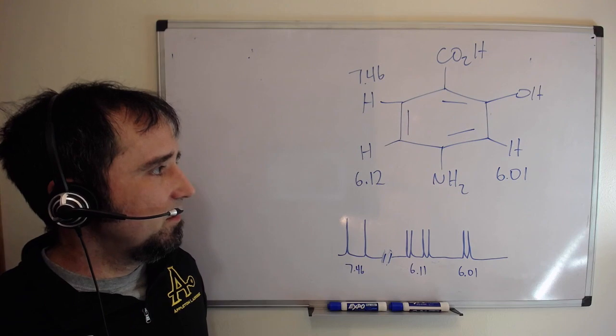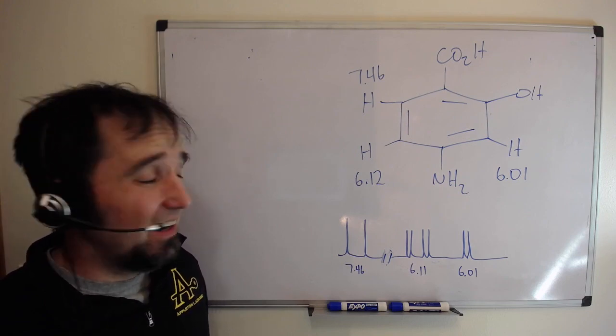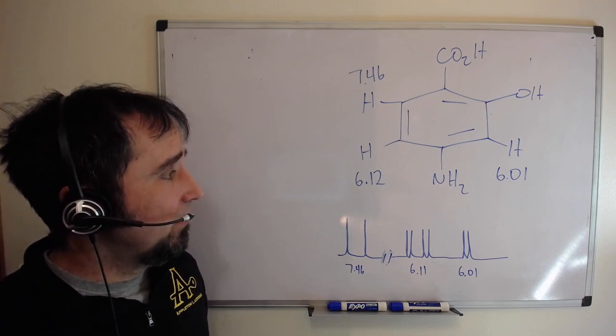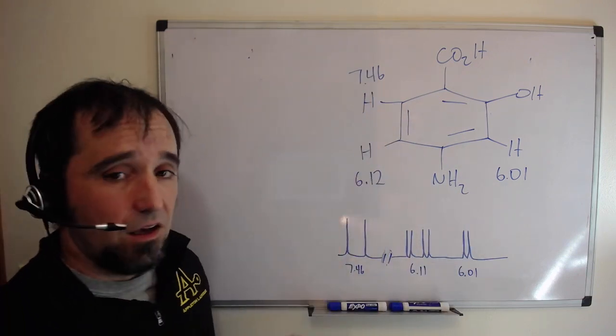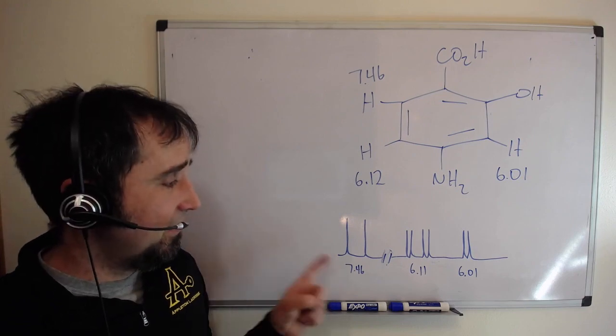Okay, this is 4-aminosalicylic acid, a derivative of aspirin, I guess. So here I've got the chemical shifts for these three ring protons down here. When I take the NMR of this molecule, it looks like this.